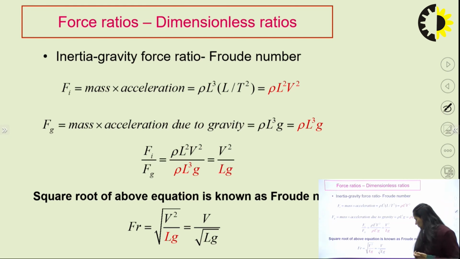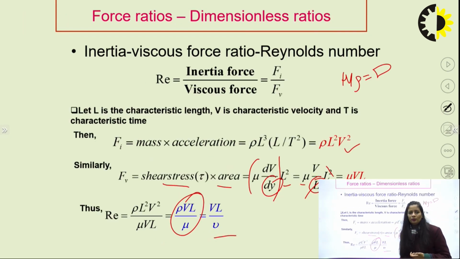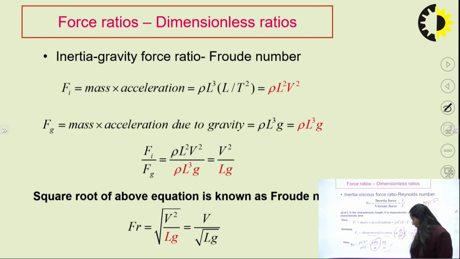Okay, so this is now clear to you. What is Reynolds number? Reynolds number is simple, inertia force by viscous force, and when you formulate it, you get the formula V L by nu.